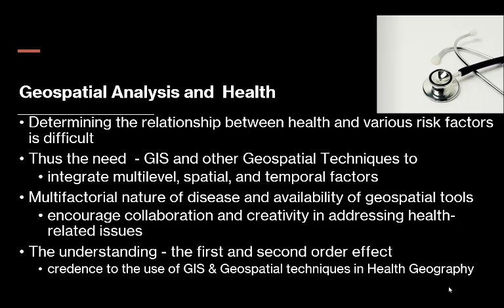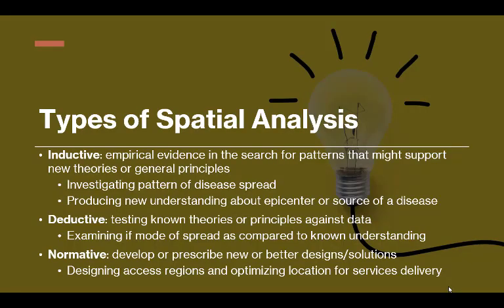If we now begin to look at what kind of analysis we can carry out, we can look at inductive spatial analysis, whereby we're trying to look at data and understand the patterns, and generate new theories and general principles. So, for example, I may be investigating the pattern of disease spread, and from that, trying to create new understanding or theories about how this disease is spreading.